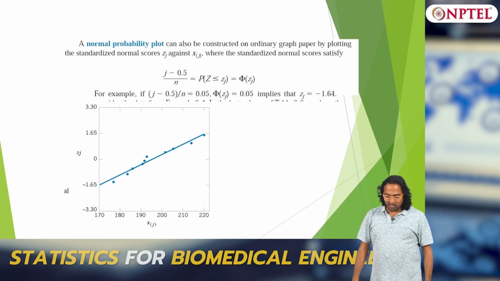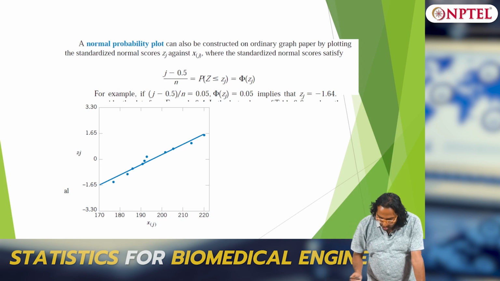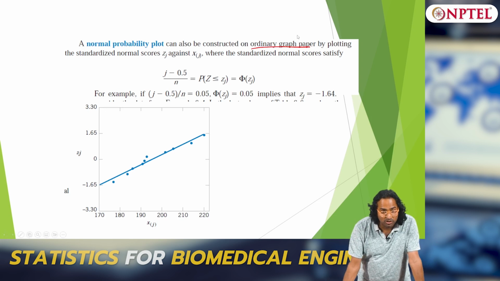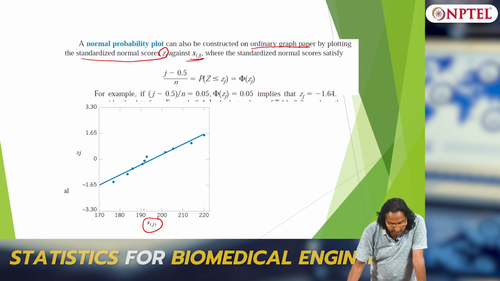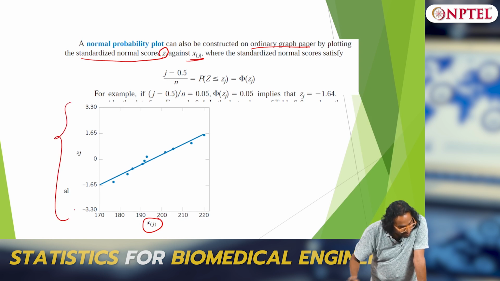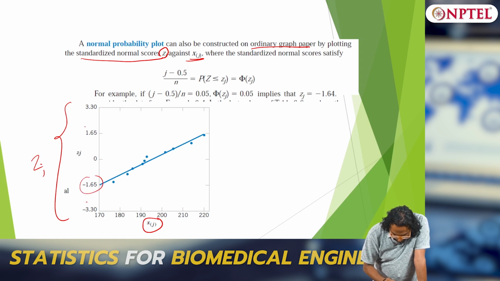So a normal plot can also be constructed on an ordinary graph paper. This is what you should be using, very simple. It can be done by plotting the standardized normal scores Zj against Xj. So this is my Xj and this is my Zj. We all know what Xj is, and Zj is, say, minus 1.65, 1.65, which is nothing but (j minus 0.5) by n, where the probability of z less than or equal to Zj is phi of Zj.